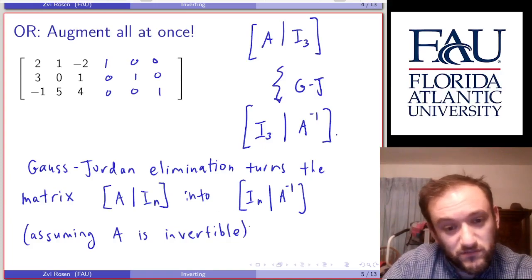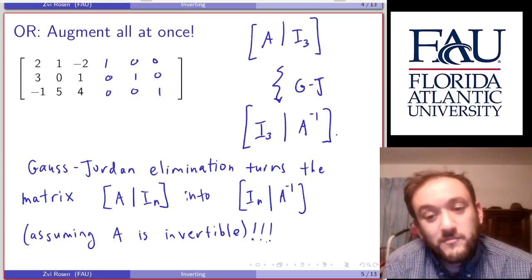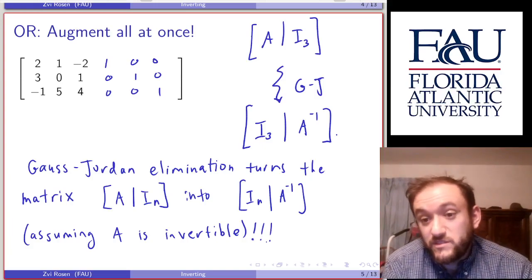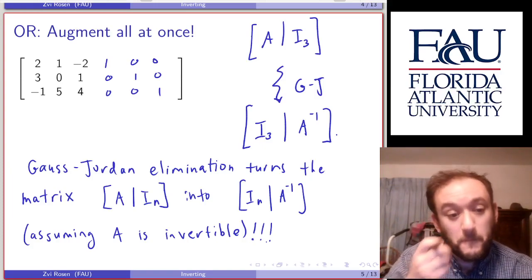And this is pretty cool. It's an exclamation point, a couple of exclamation points. Because it gives us a way to invert the matrix using a tool we already have, Gauss-Jordan elimination.